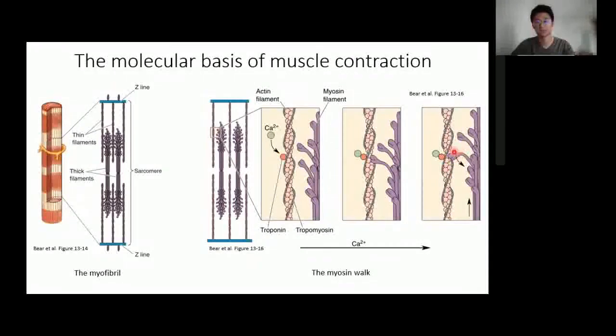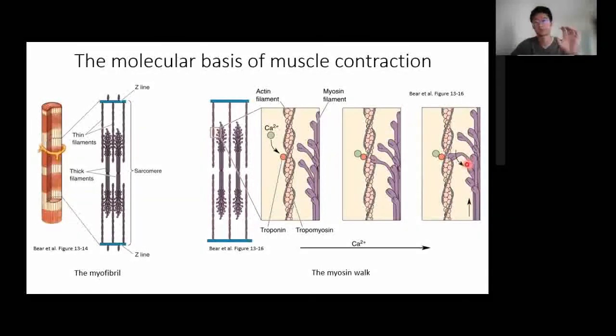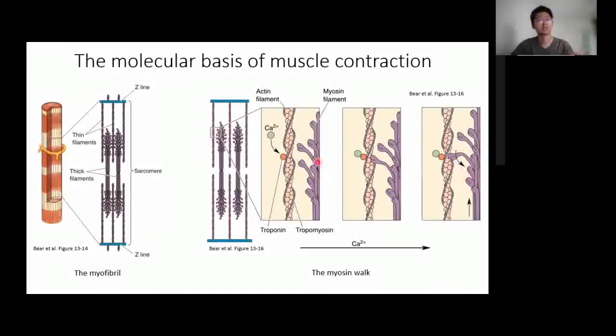As shown here, for example, it was 90 degrees before, and then it will have a smaller angle, about 50 degrees. One cycle is actually a very small movement of the muscle, just about 1 nanometer.